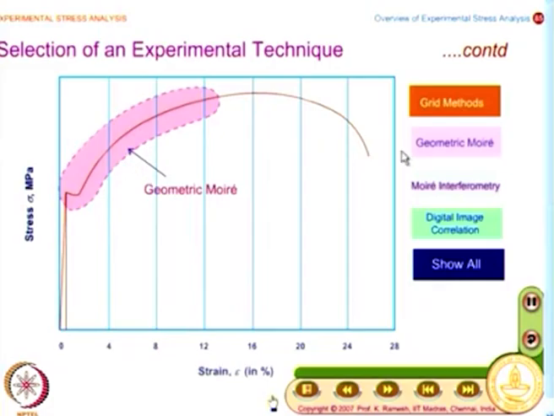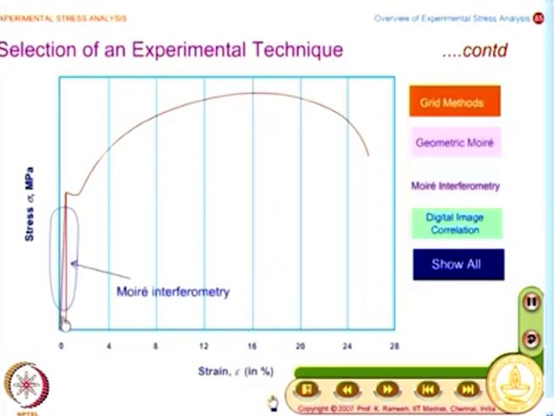The issue here is what is the range of strain that you are really looking at. And moire interferometry cannot measure very small strains, it can go down, but it cannot go close to 0. And these are pictorial representations, numbers are not given. So, you find that this is the range that you are really working with moire interferometry.